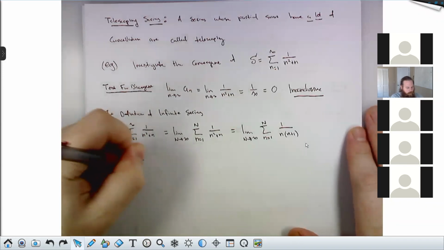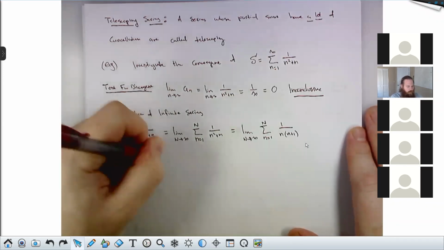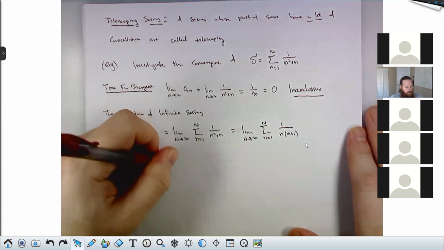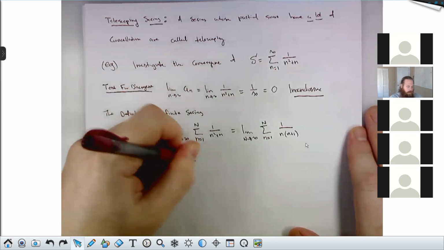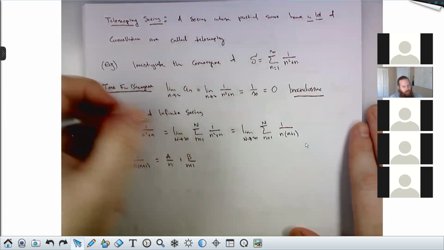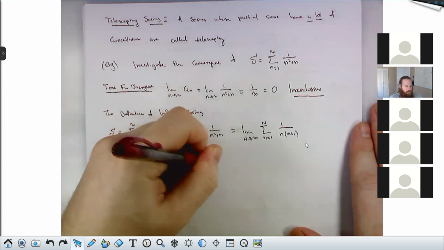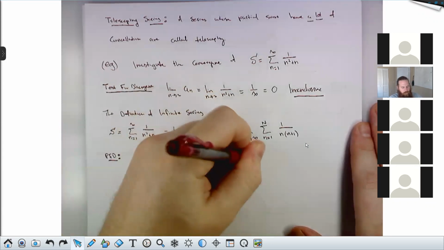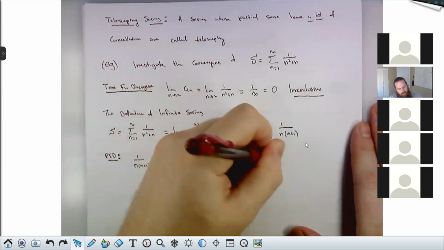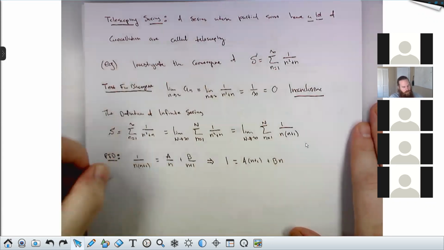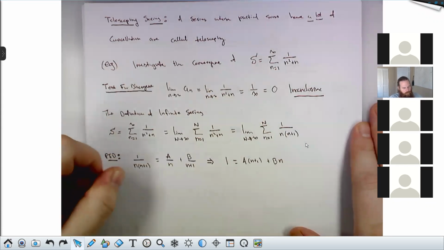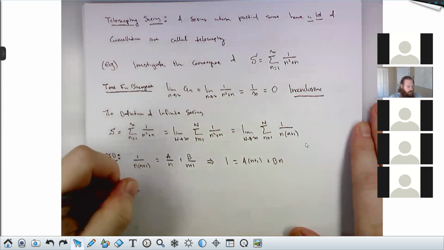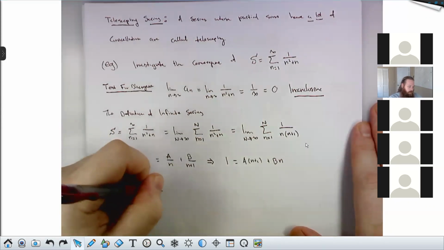So I say 1 over n times n plus 1 is equal to A over n plus B over n plus 1. And then I cross multiply to get rid of denominators. I get 1 equals A times n plus 1 plus B times n. And if you evaluate that at n equals 0, you get 1 equals A times 1, or A equals 1.